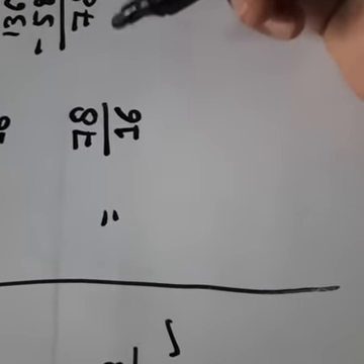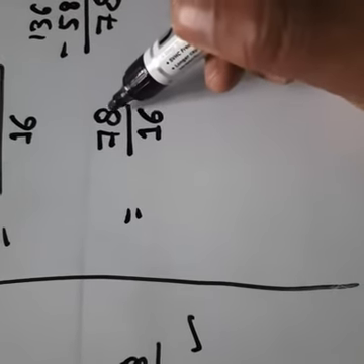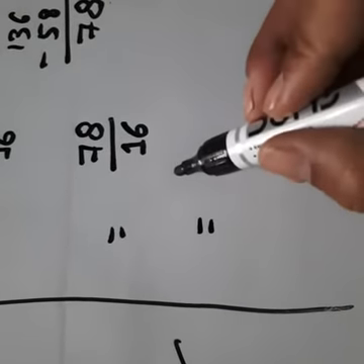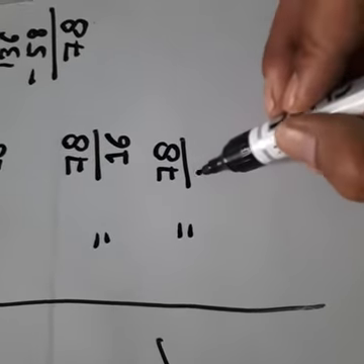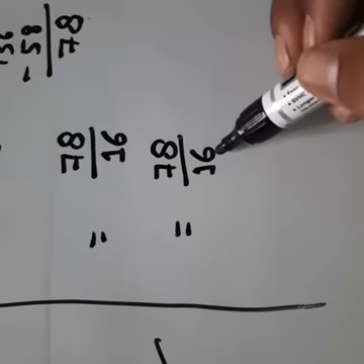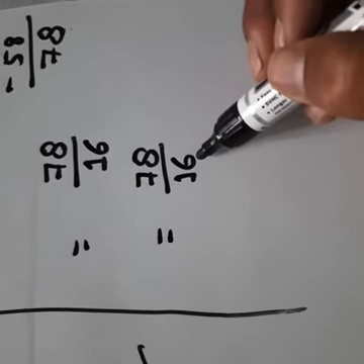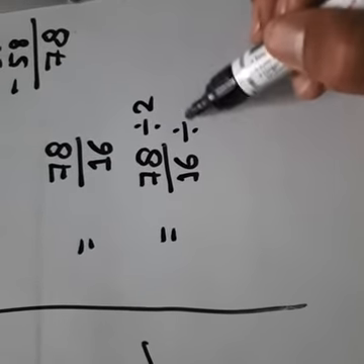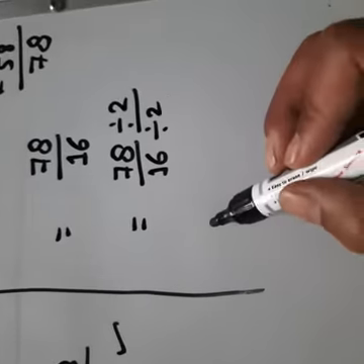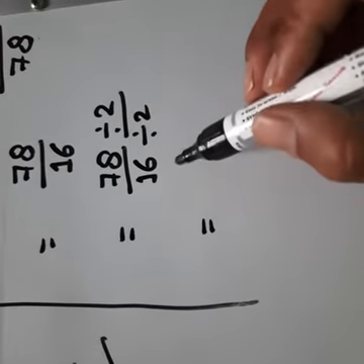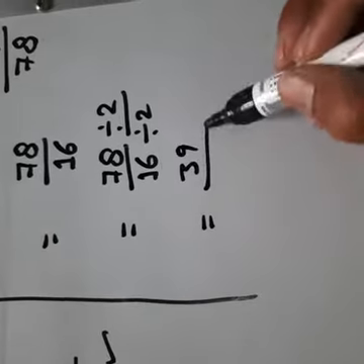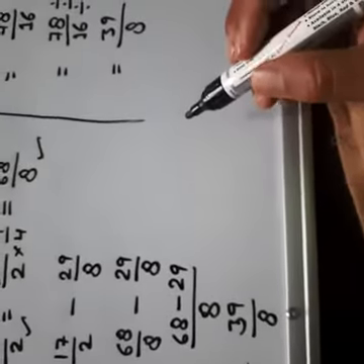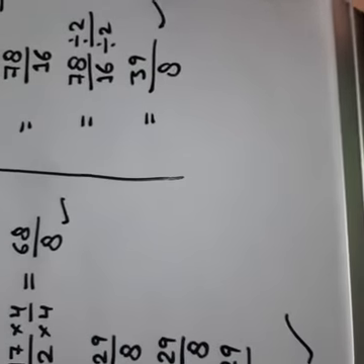So the answers are not the same, but you can see that both numerator and denominator are further divisible by some number. Because both are even numbers, both can be divided by 2. If 78 is divided by 2 we get 39, and when 16 is divided by 2 we get 8. So finally we got the same answer, 39 upon 8.